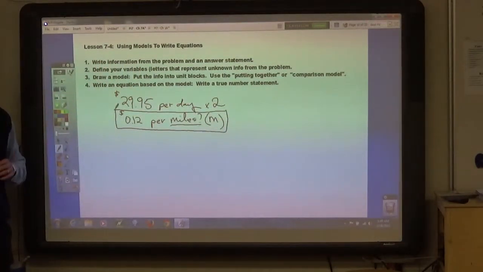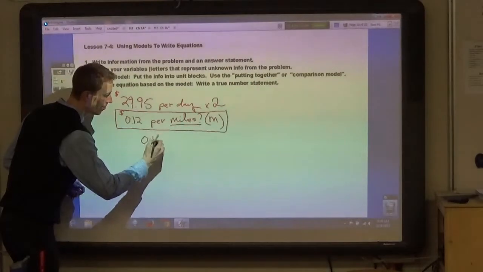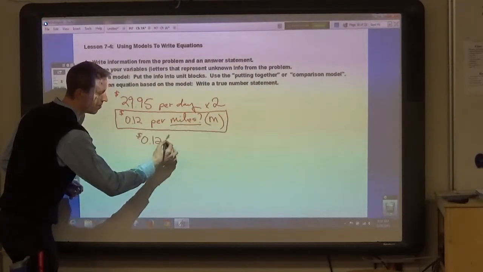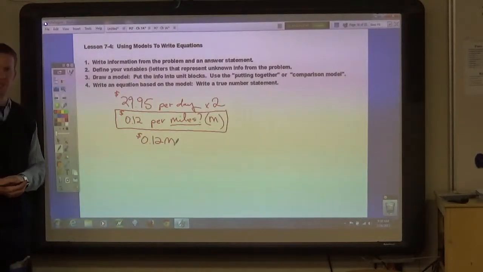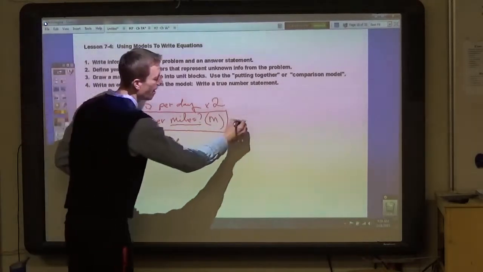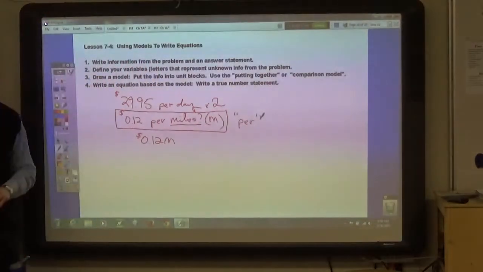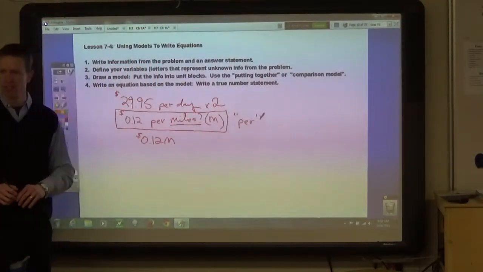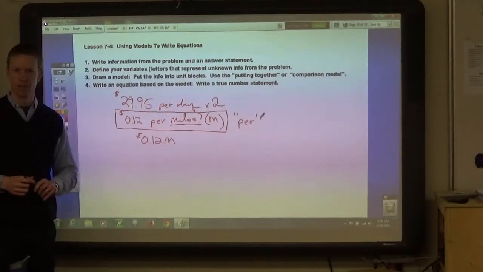Maybe $0.12, and then M. Yep. 12 cents per mile. Okay? And anytime you see that per word or the slash, it means the 2 things multiplied. Okay?